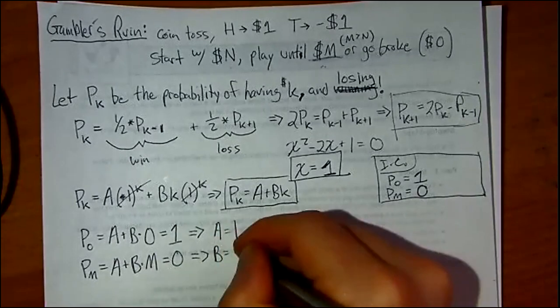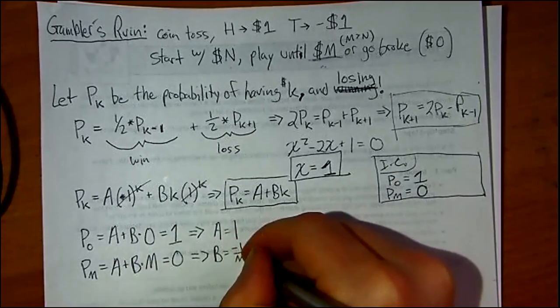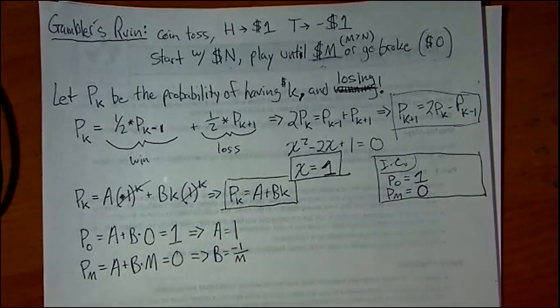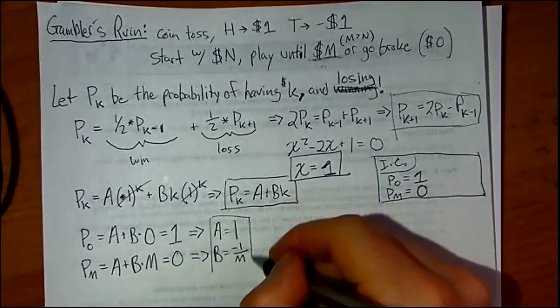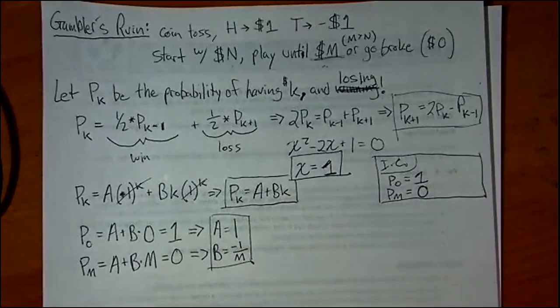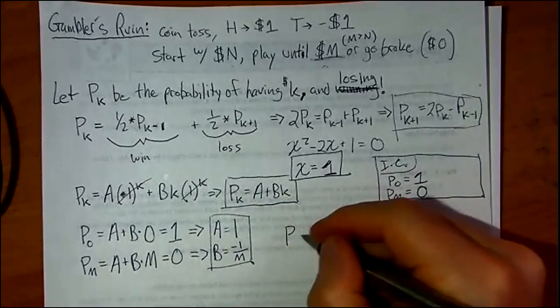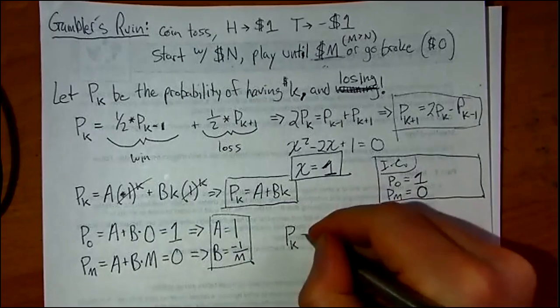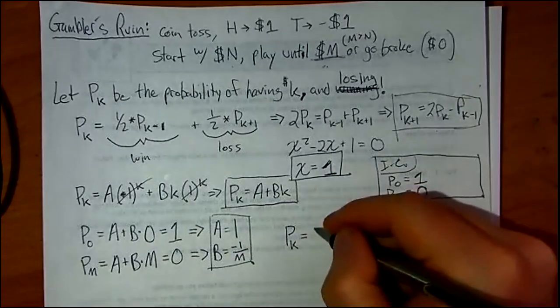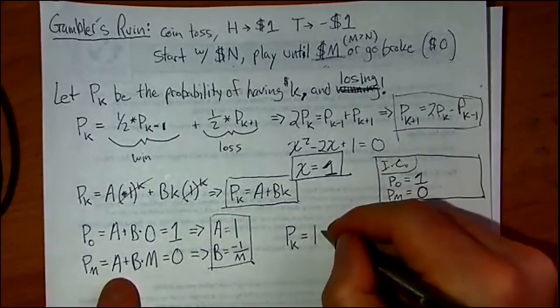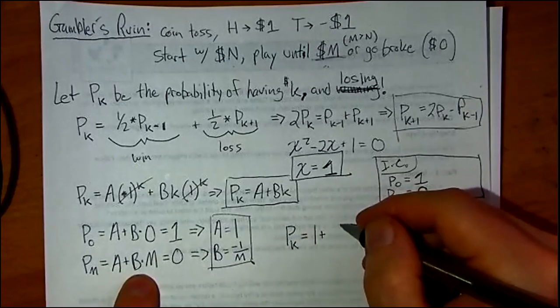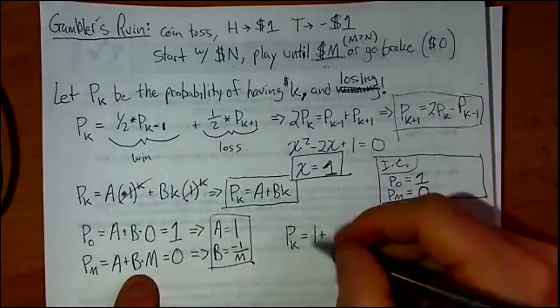B equals negative 1 over m, right? So I've now got my values for my coefficients. I can say, okay, well, my probability of being ruined with k dollars is how much? Well, it's 1 plus negative 1 over m times k.